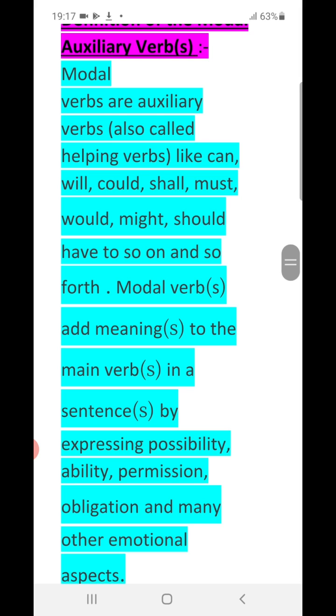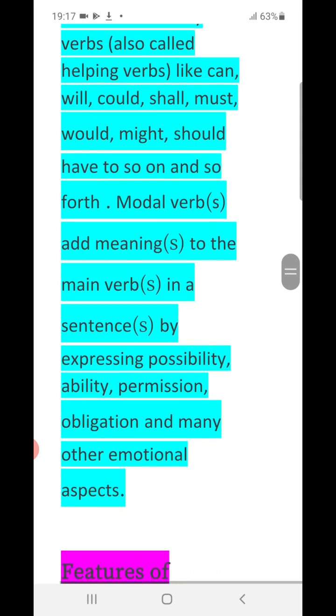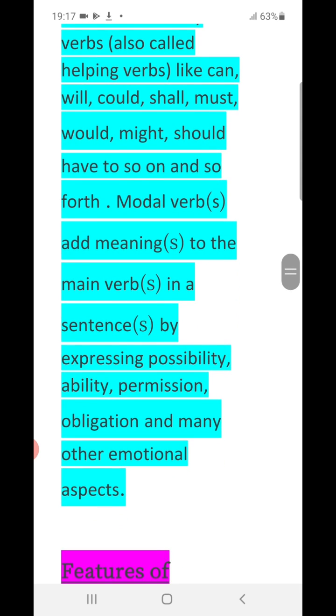Modal verbs add meaning to the main verbs in a sentence by expressing possibility, ability, permission, obligation, and many other emotional aspects.